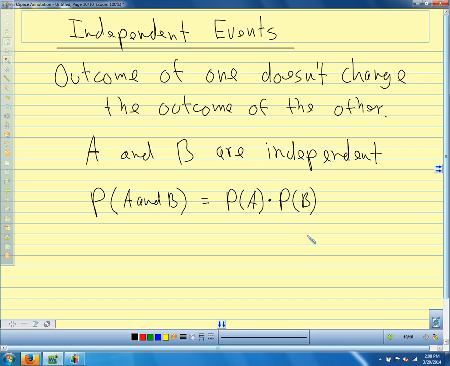So the probability of flipping heads when we flip a coin is 1/2. The probability of flipping two heads in a row, 1/2 times 1/2, 1/4. So that's the one we're most familiar with, combining independent events.